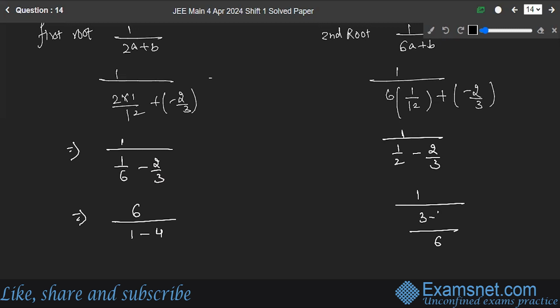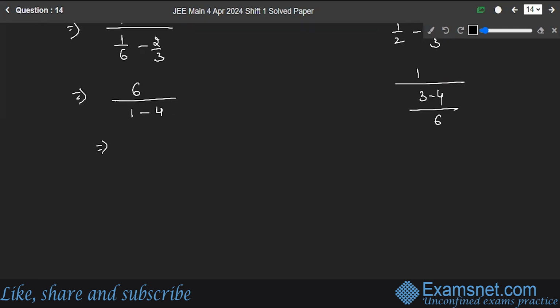So 3 minus 4, and this will be minus 2, and here will be minus 6. So the two roots will be minus 2 and minus 6.